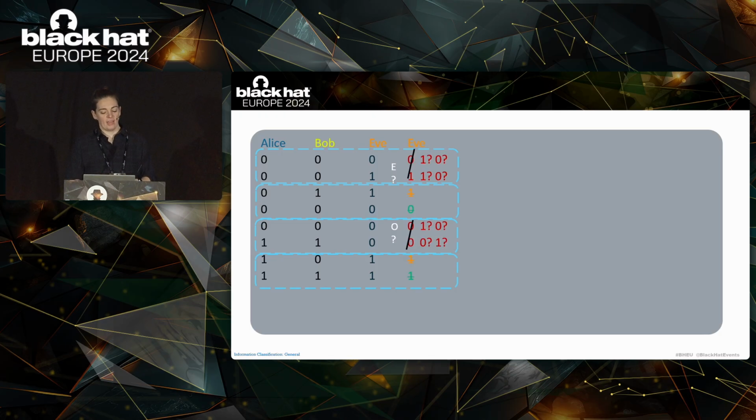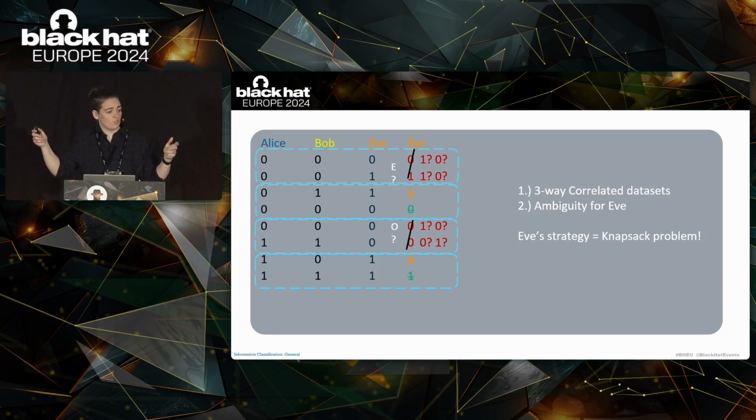And what she's hearing is, oh, I know that this first pair is even, which means that either I was wrong about my 0, and I have 2 1s here, or I was wrong about my 1, and I have 2 zeros here. But I don't know which one. I have no way of knowing. And actually, for Eve's strategy here, she has to basically create a brute force of every single possible option.